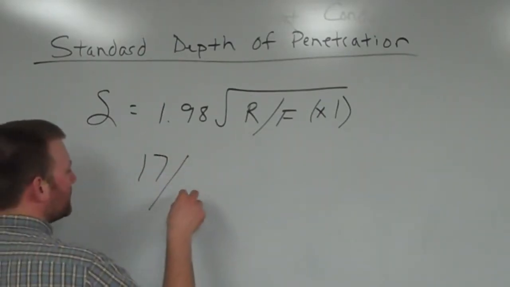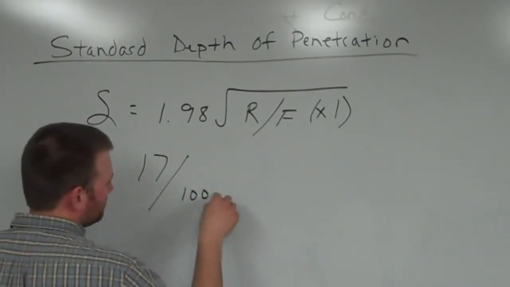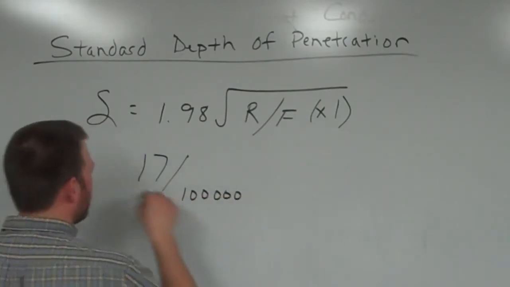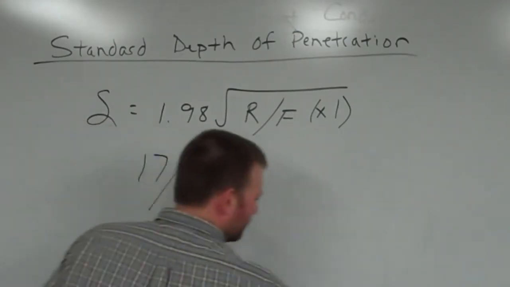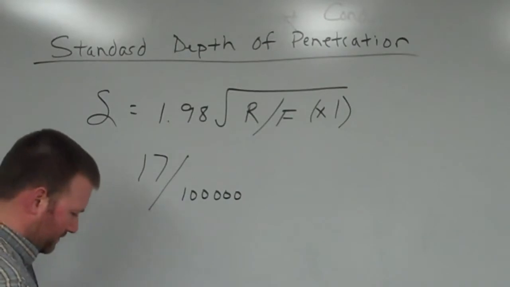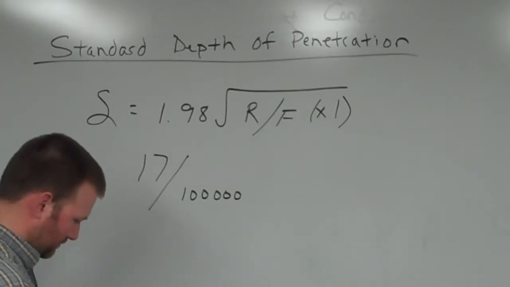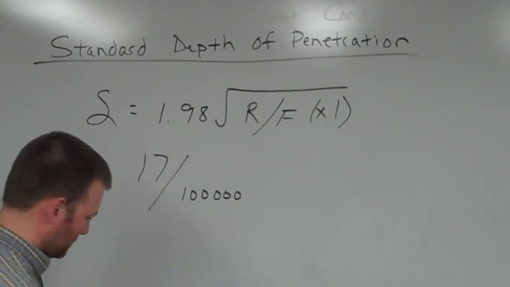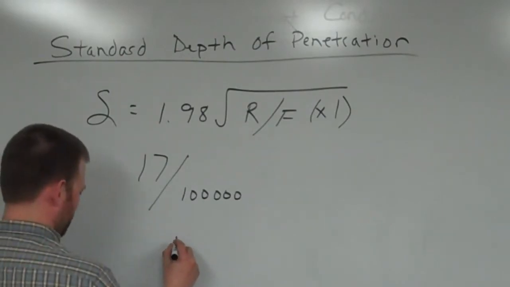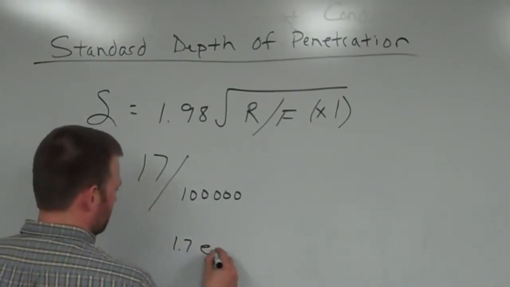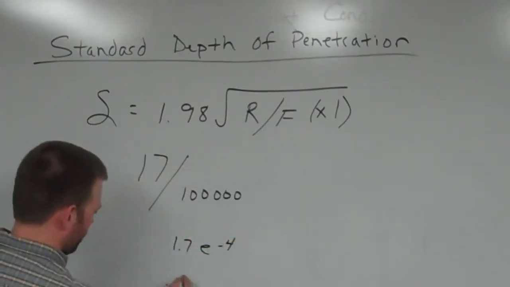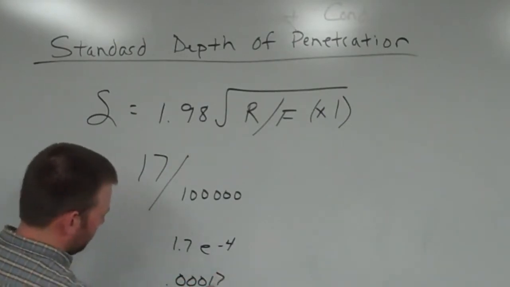And a frequency of 100 kilohertz, so that's going to be 100,000. 17 divided by 100,000 is 1.7 e to the negative 4, so we'll convert that to 0.00017.